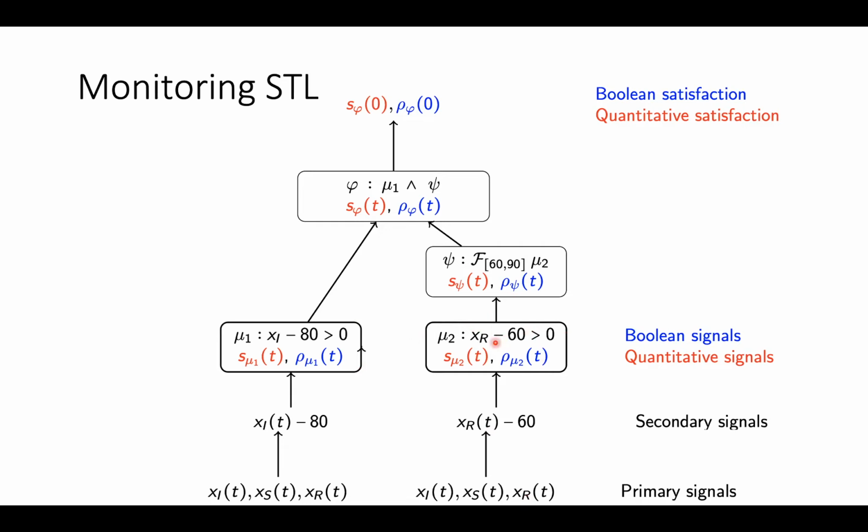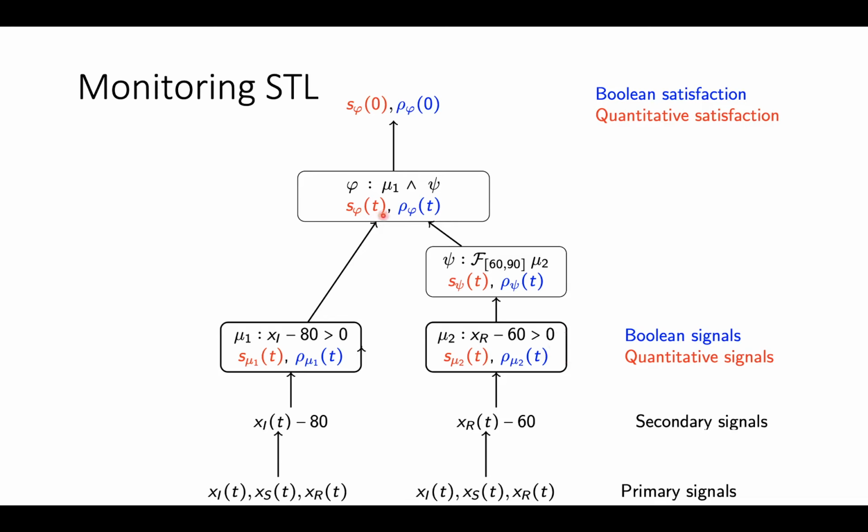From this, at each node of the tree you have a specific operator for which there is a specific algorithm. So each operator has a specific algorithm that you compute with respect to the Boolean or the quantitative signal, and then you derive the Boolean and quantitative signal for the next nodes.